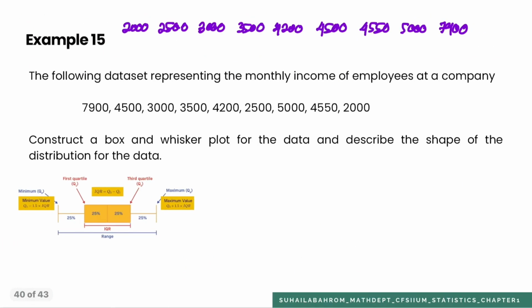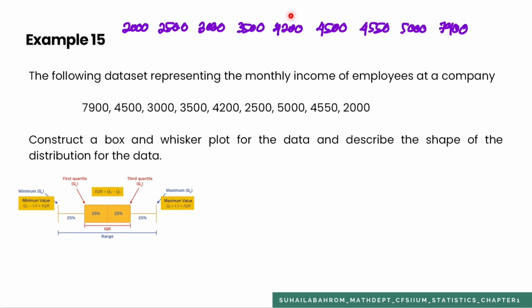Now let's look at example 15, and the data used here is the same data set as in example 14. We have to construct a box and whiskers plot for this data and describe the shape of the distribution. Since we already answered using the Pearson coefficient just now, we got that it is negatively skewed. You should get the same shape of distribution by using the box and whiskers plot.